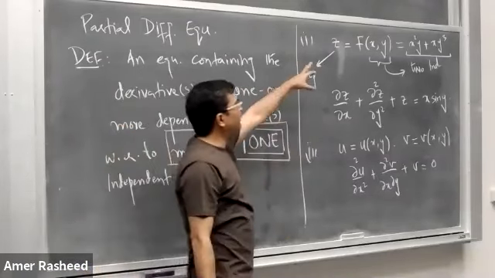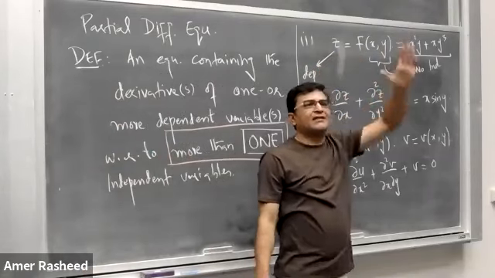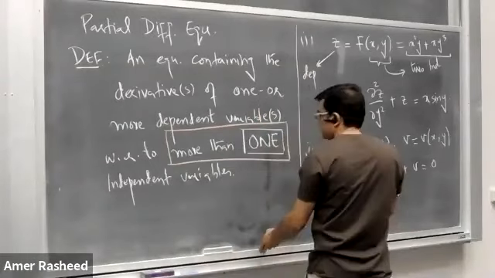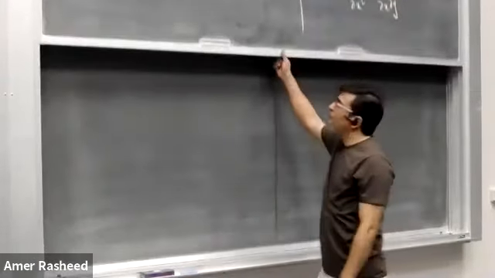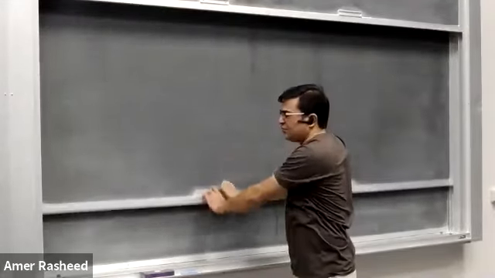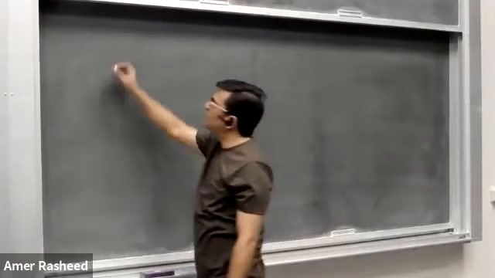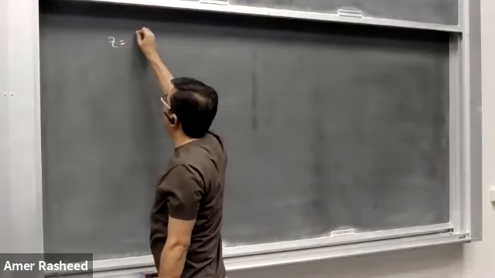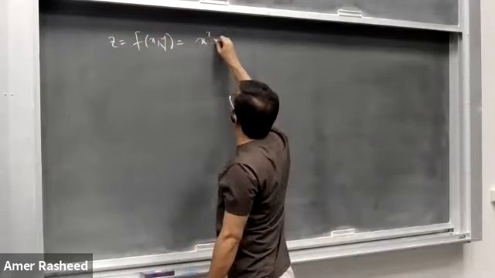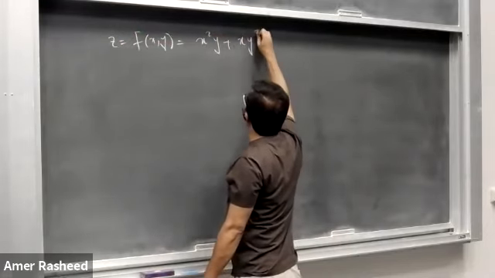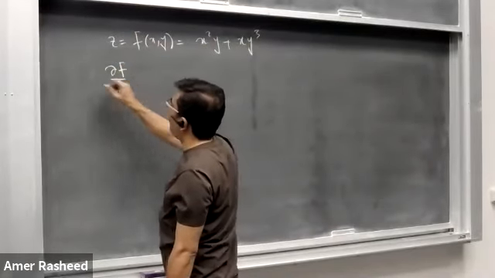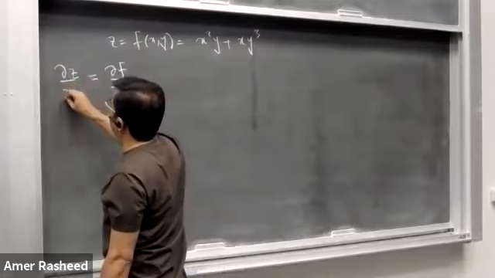If we take its derivative with respect to x, we write it partial z over partial x. Let me very briefly tell you, but you don't need to understand this in much detail. z is a function of x, y, what I had written there, x square y plus x y cube, maybe, or any other function. So partial f over partial x, or you can say partial z over partial x.